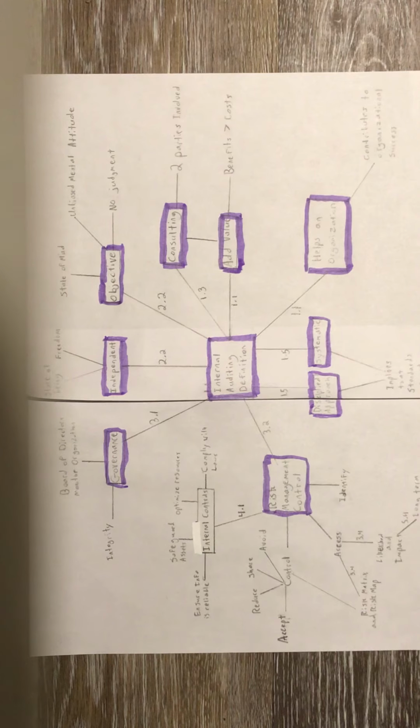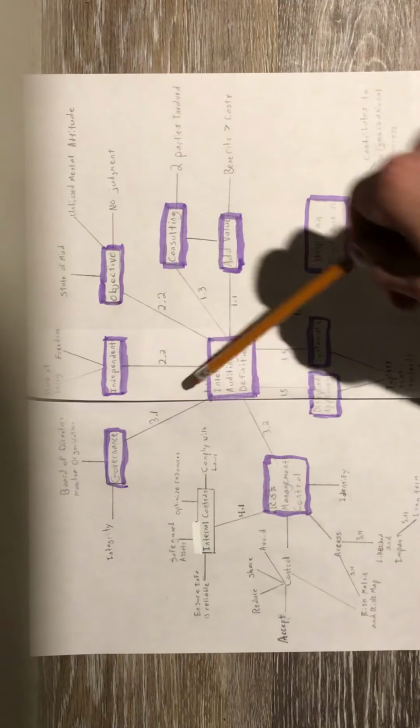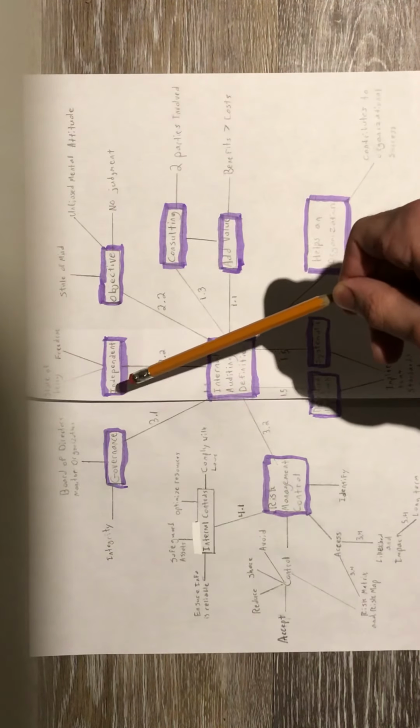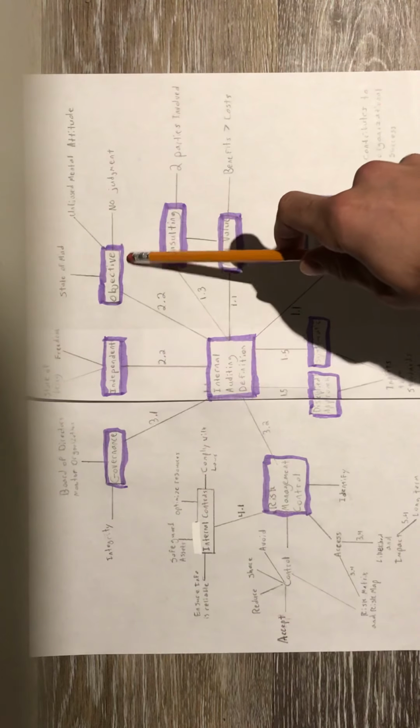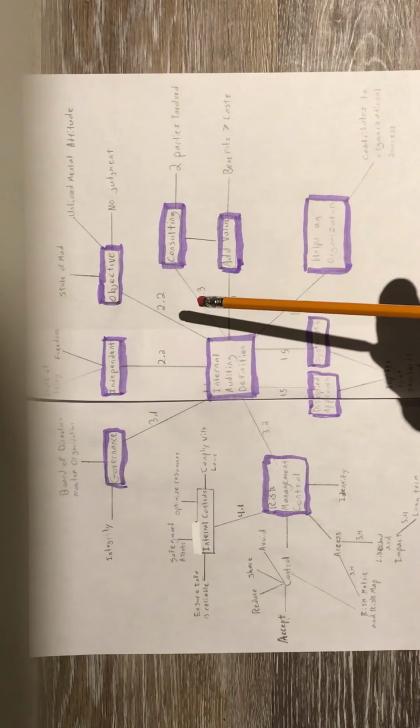So the first key word I want to go over is from Unit 2.2, independent. Now what this means is that the internal auditor has its own state of being and it's free from conditions that threaten their objectivity. Which leads me to my next point, objective, from Unit 2.2.